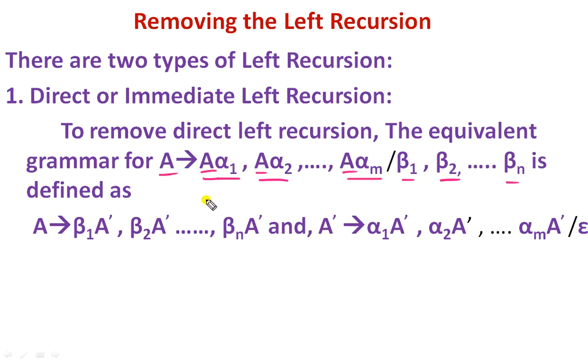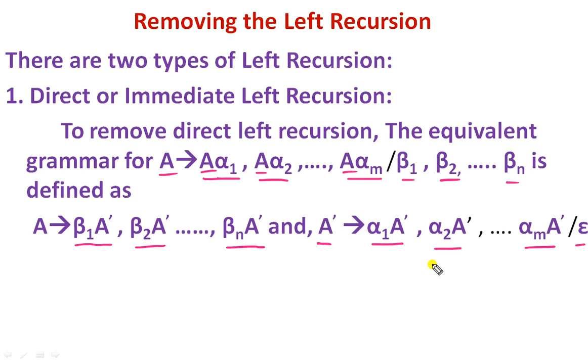So if there are more productions for a particular production rule, and they are of this form, then we shall remove this type of left recursion by applying the same rule in extended format, such as A generates beta 1 A dash, beta 2 A dash and so on, beta n A dash, and A dash generates alpha 1 A dash, alpha 2 A dash and alpha m A dash or epsilon.